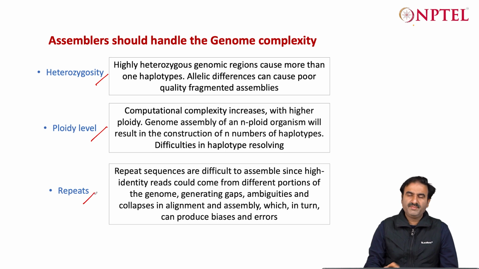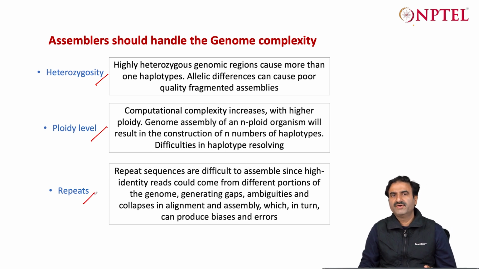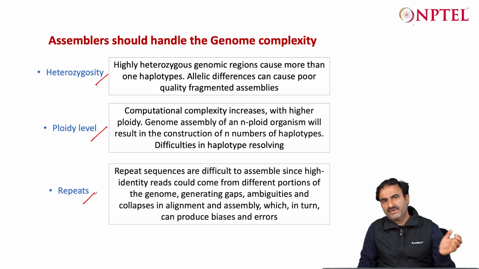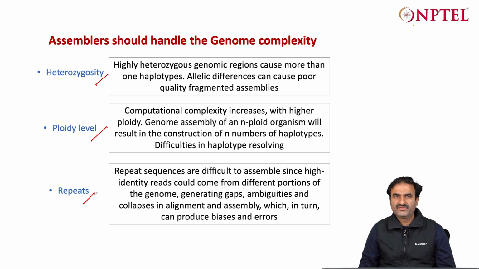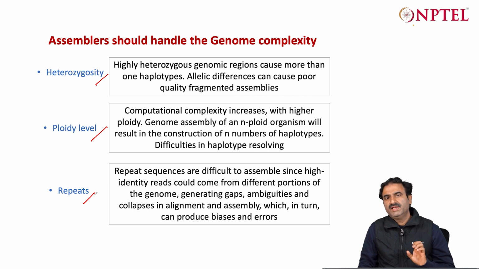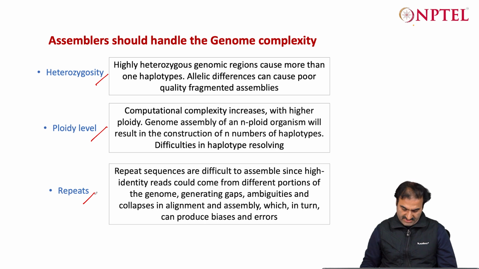Similarly for repeats, you will definitely need long reads and long read assembly algorithms to correctly cover the repeat region along with the flanking regions, so that you can put the repeat in the genomic context at the right place and build the scaffolds.